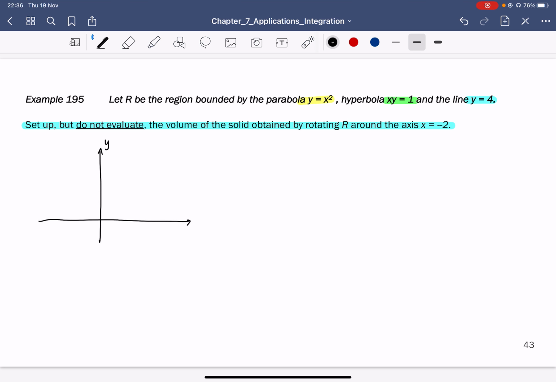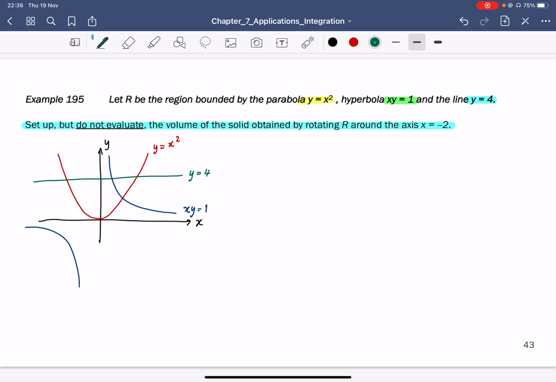So y equal to x squared. We have that. And then hyperbola xy equal to 1. So this is actually a hyperbola, right? And then y equal to 4.